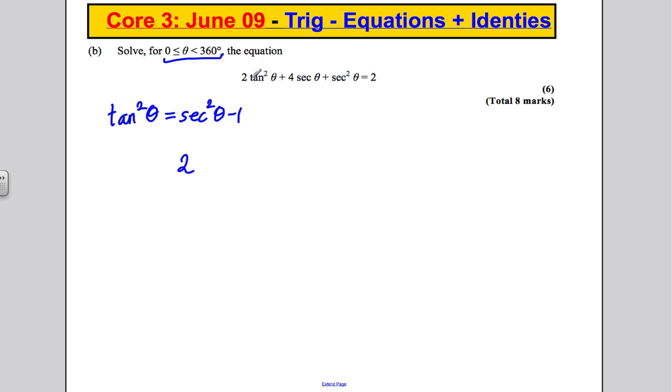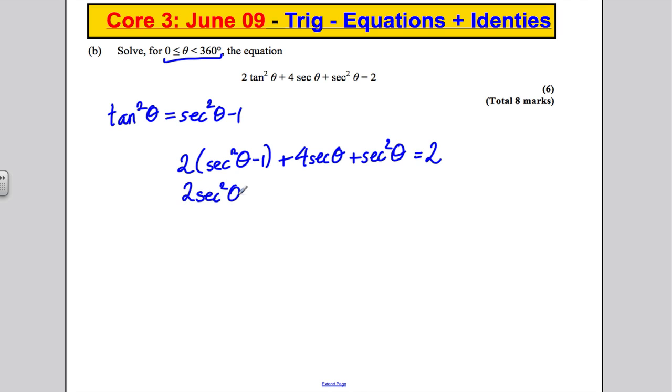So we can substitute for tan squared theta with what we did in part A. Substituting for tan squared theta, that 2 sec squared theta subtract 1 plus 4 sec theta plus sec squared theta is equal to 2. Expanding out, 2 sec squared theta subtract 2 plus 4 sec theta plus sec squared theta.